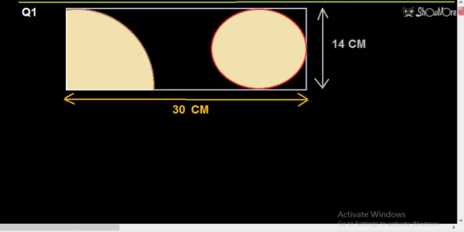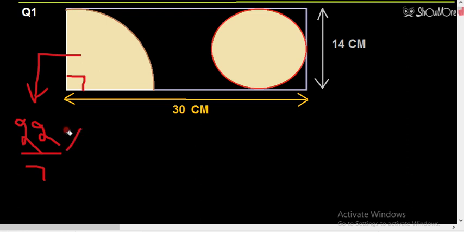Okay, so here we have just calculated the area of the rectangle. Now we are going to find the area of this 90-degree sector. This 90-degree sector has radius 14. So 22 by 7 into 14 into 14, because pi r square.